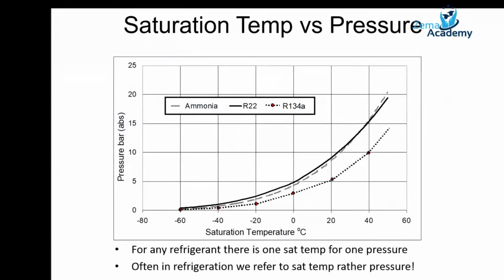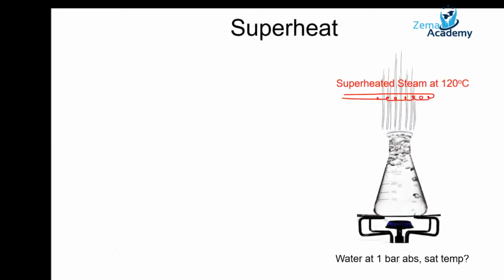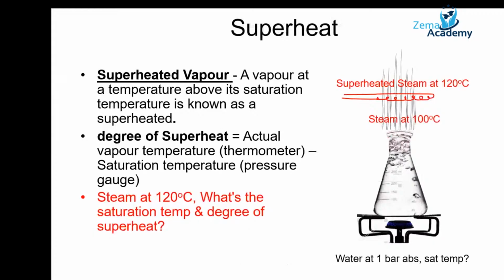This is another graph which shows the saturation temperature and the pressure for different refrigerants. Any refrigerant would have a saturation temperature, and the pressure also relates to that specific saturation temperature. Other terms that we will come across is superheated vapor, which refers to a temperature above the saturation temperature.